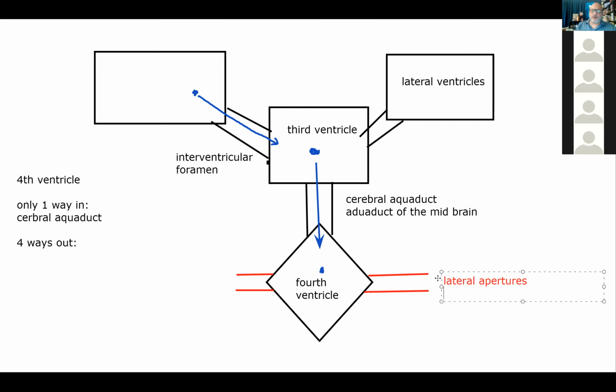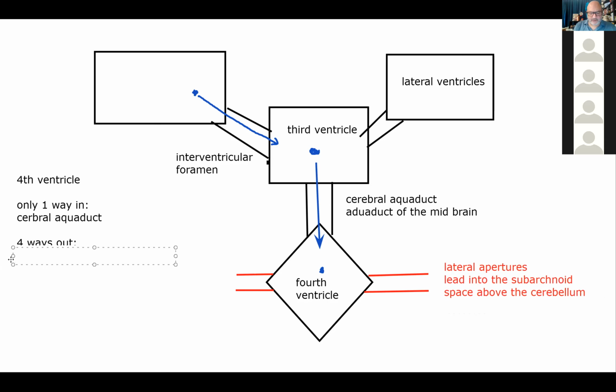They exit the fourth ventricle and basically lead into the subarachnoid space. And they do that above the cerebellum, sorry. And of course, there's 2 of them. So 2 of the ways out are the lateral apertures.